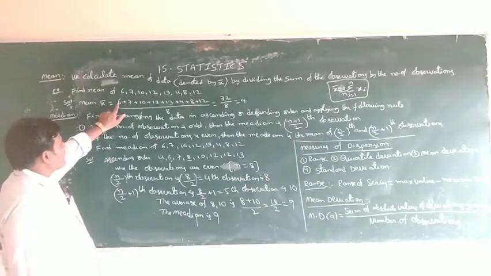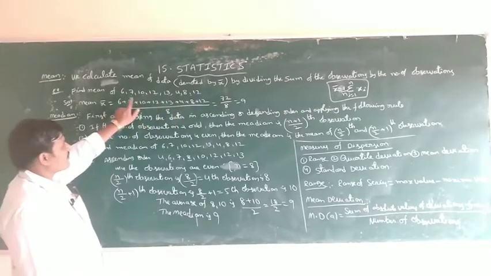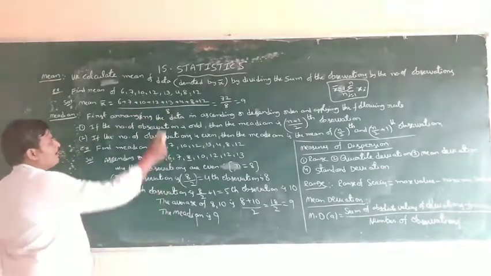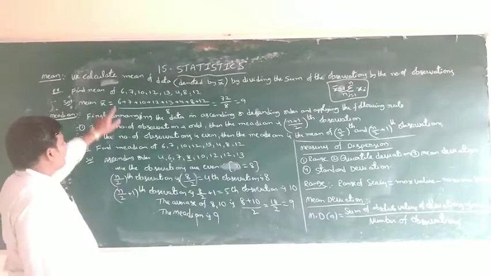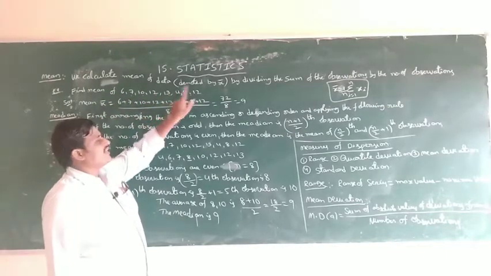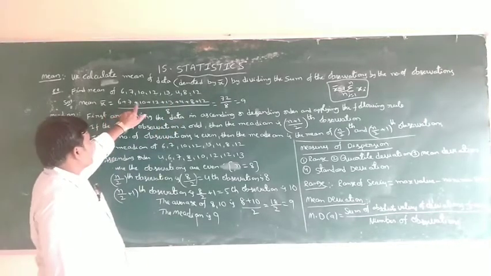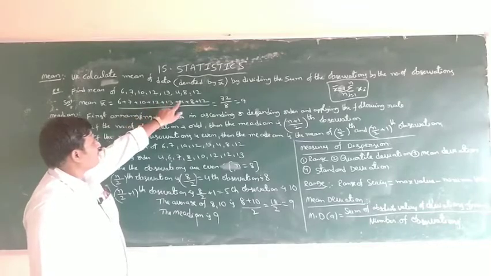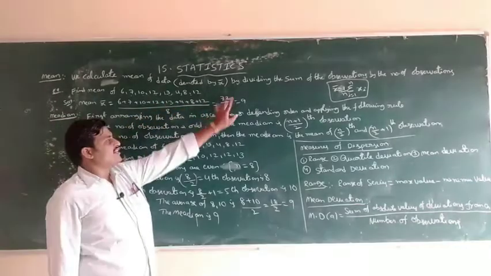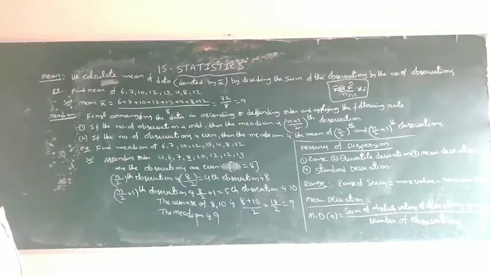Adding all the given observations, 6 plus 7 plus 10 and so on, by the number of observations: 1, 2, 3, 4, 5, 6, 7, 8. Totally 8 observations. So 6 plus 13, 23, 35, 48, 52, 60, 72, by 8, equal to 9. The mean of the given observations is 9.